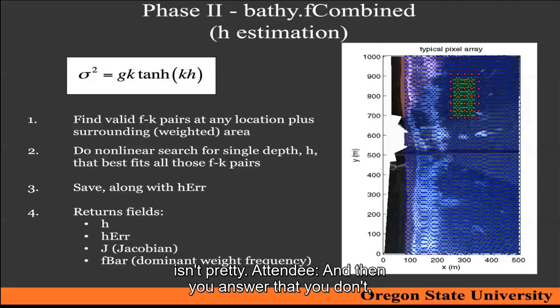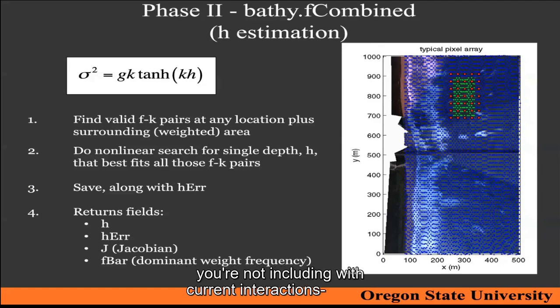And then you answer that you're not including wave current interactions, but this is also kind of assuming slowly evolving bathymetry, that the slope of the bathymetry isn't large over the change of the tile.